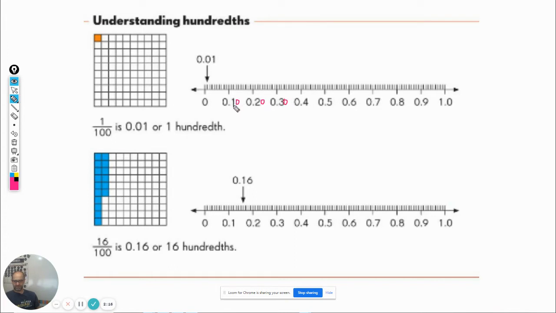So I know that it's both 1/10 and 10 hundredths, 2/10, 20 hundredths, 3/10, 30 hundredths, and so on and so forth. So that when you see this dot here, well, if that's 10, 9, 8, 7, 6, 5, 4, 3, 2, 1. Or this one right here, if that's 0 and 0 hundredths and 0 and 10 hundredths and 0 and 20 hundredths, you just count your way up to 16 and you got 0 and 16 hundredths. Okay?